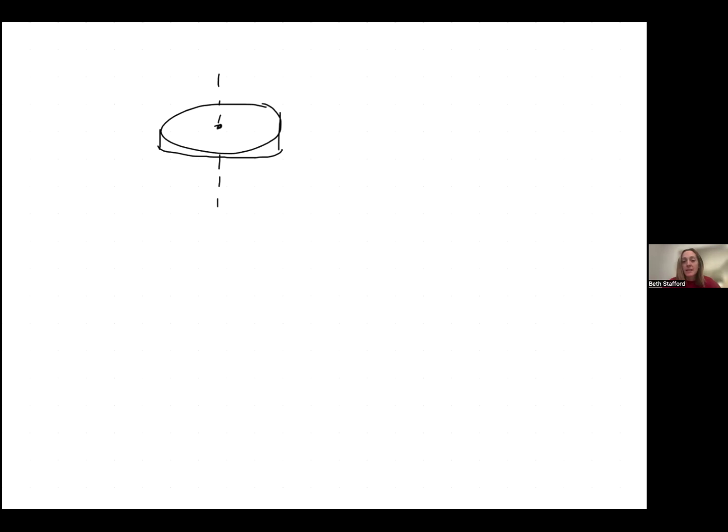So for example, for a disk, its moment of inertia about its center of mass axis is 1/2 mr squared. But what if instead of rotating around its center of mass, we wanted to rotate it around an axis over here? What could we do? This is the first problem on your handout.